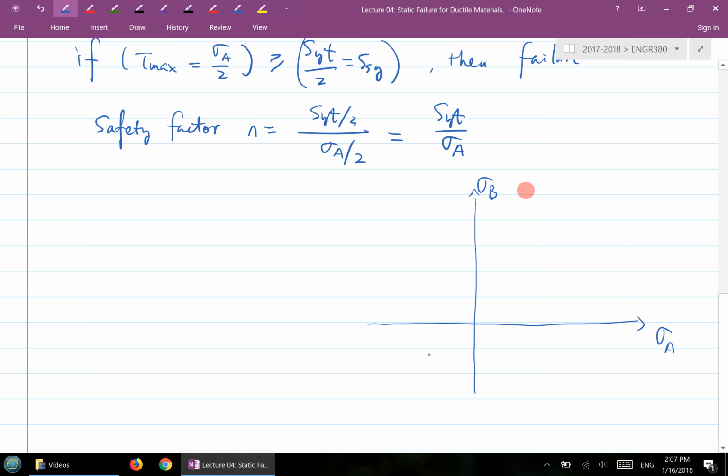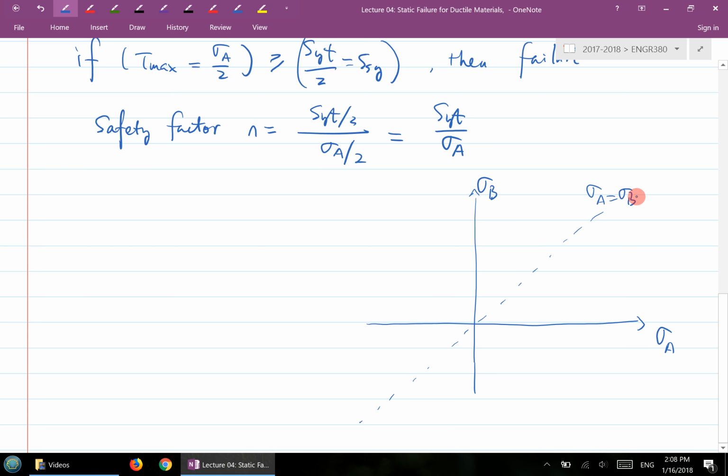Then we're going to divide this plane by drawing a 45-degree line here. So this is your sigma A equal to sigma B line.